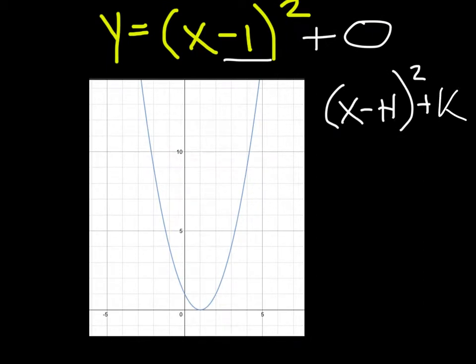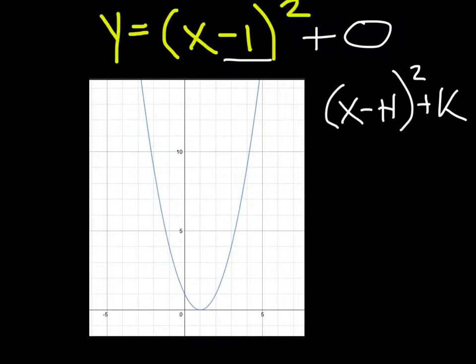But look at where the vertex is at. What is that point? Can you identify the point that that laser is on? It's not 0, 1. It's 1, 0, right. Look at your equation up there.